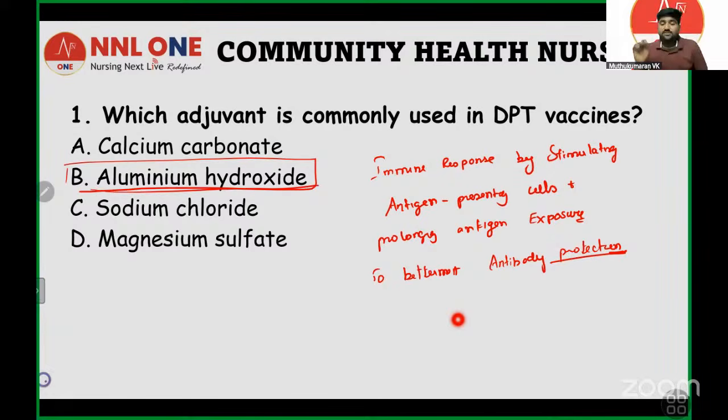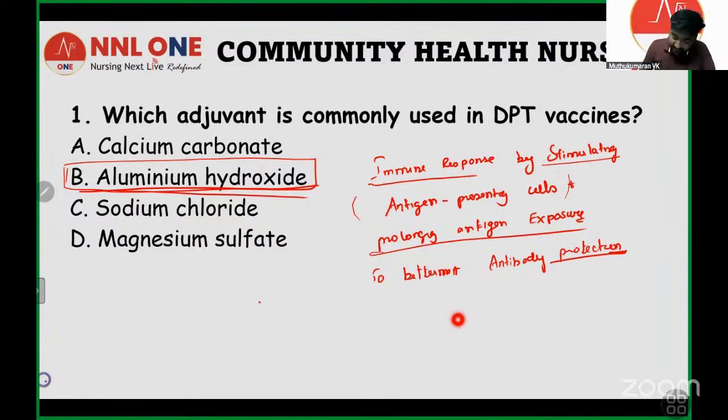The major purpose is that it enhances the immune response by stimulating the antigen presenting cells and prolonging the antigen exposure, to improve the viability of the vaccine and also to enhance its effect. So we are using this adjuvant. The example that we are using is aluminum hydroxide. Especially we are using it for which vaccine? Anyone can tell me?